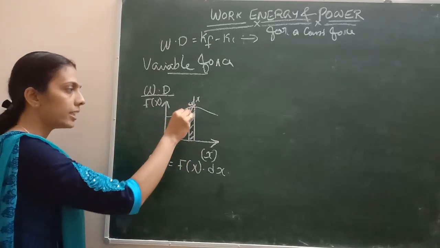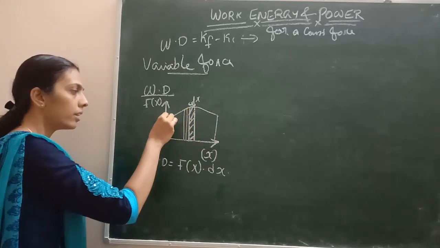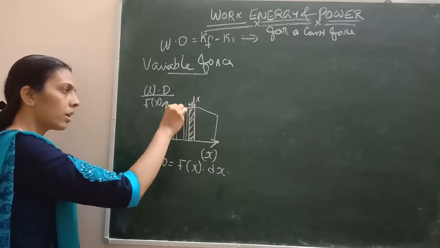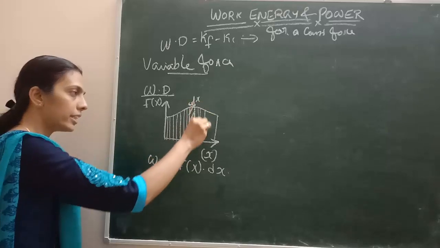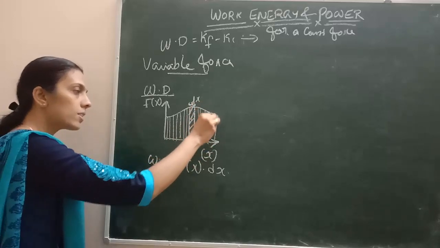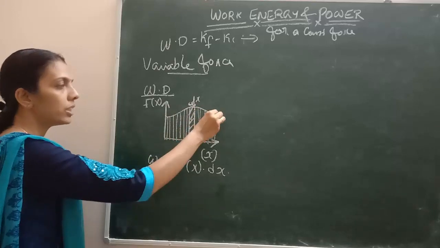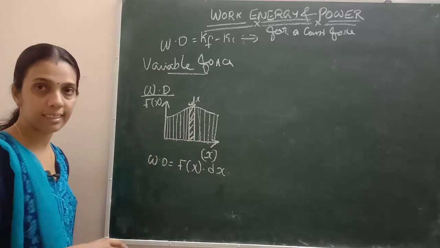In the same way, I can divide this whole graph into small areas, where the force is remaining the same. See here, almost the same. From here to here at a stretch, the force is varying drastically, isn't it?